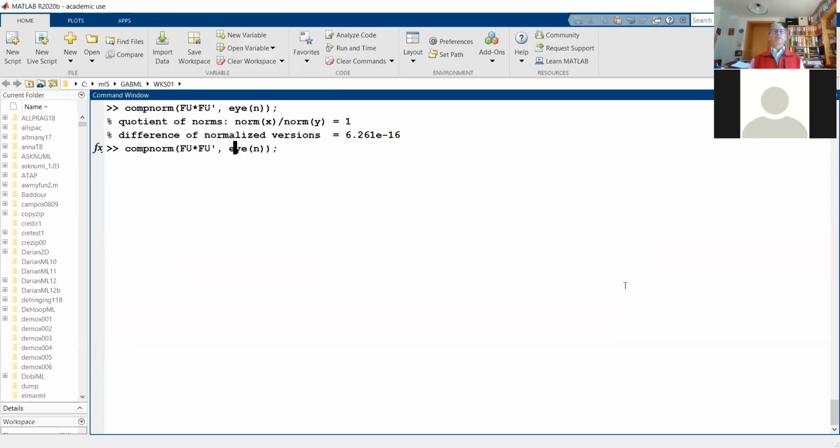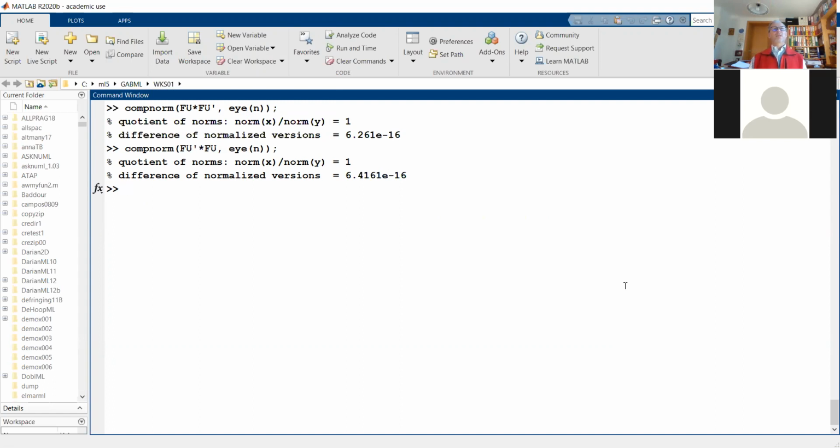Of course, you can change the order, and as we have seen, taking the transpose conjugate, which is what MATLAB is doing when you do the prime, you really get just the inverse matrix.